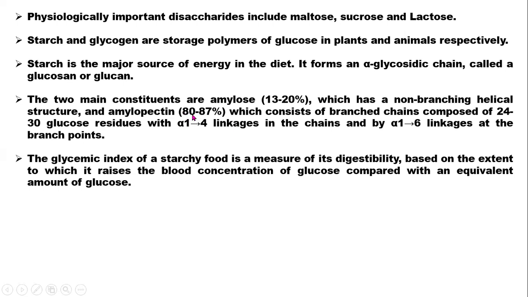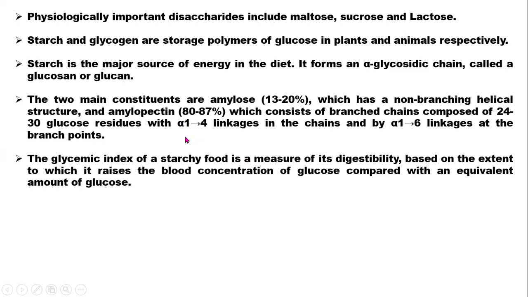It is about 80 to 87%, and it is composed of 24 to 30 glucose residues. The linkage is alpha 1,4 in the chain, and because it is branched, it also has alpha 1,6 linkage at the branch point. We are going to see their structures to properly understand.